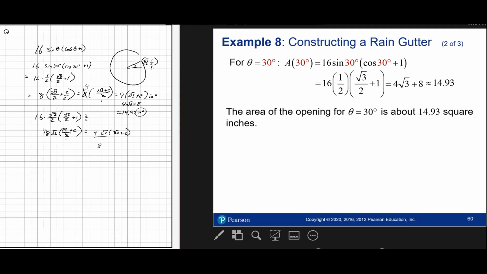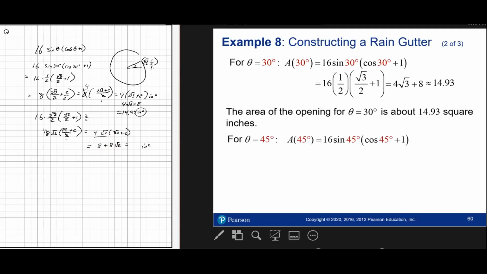And then 4 square roots of 2 times 2 gives us 8 square roots of 2, and then we would punch that into the calculator to find out how many inches squared it is.